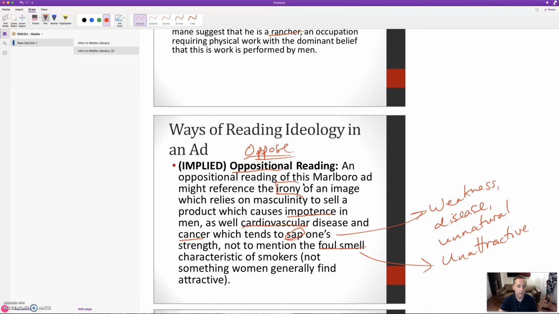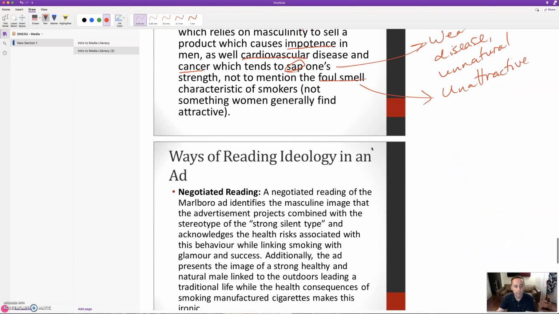Instead, you're going to get this opposite inversion of what they're actually selling. You get a heart attack. You're not going outside ranching with all these animals and doing all this heavy, intensive work. Well, it's going to wear you down and slowly kill you.